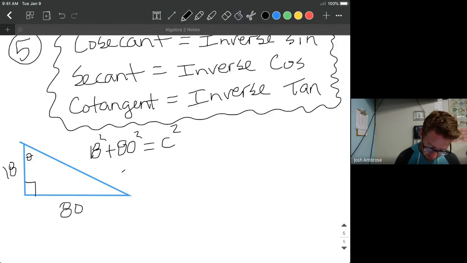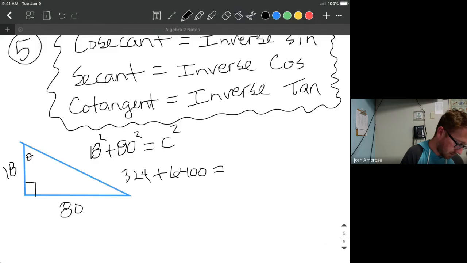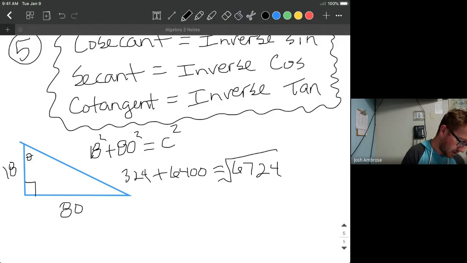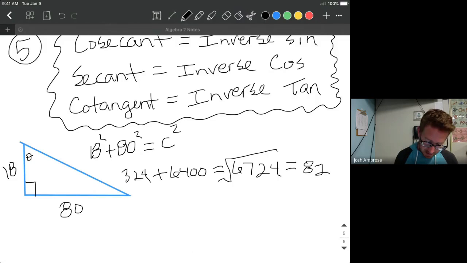So you have 324 plus 6,400 equals 6,724, but that's what c squared is. So you're going to have to take the square root of that, and that is exactly 82. So we know that the hypotenuse is actually 82.